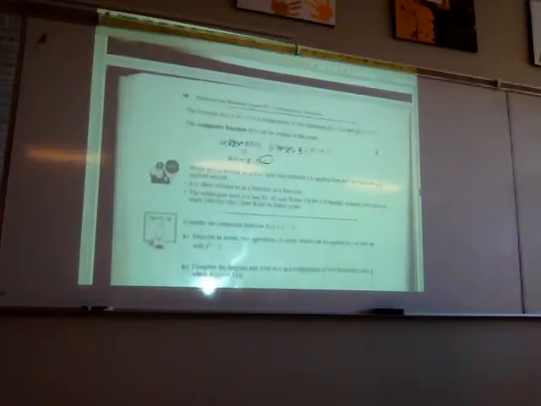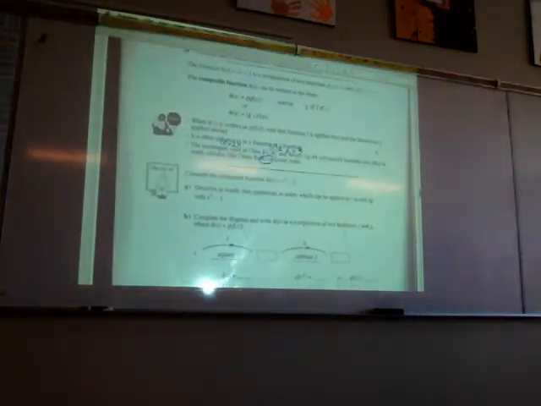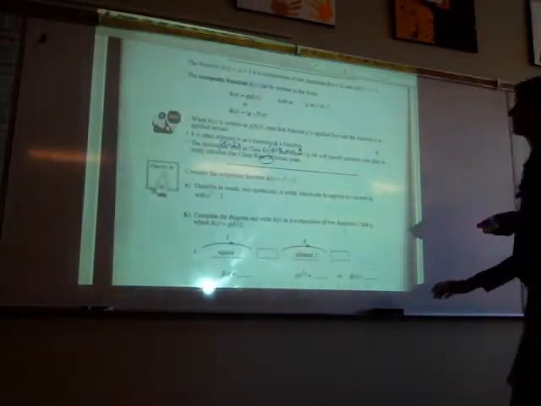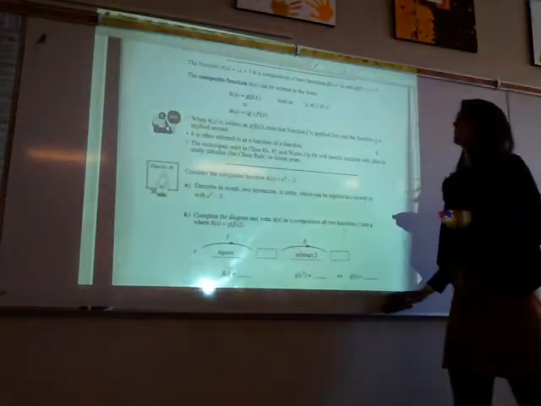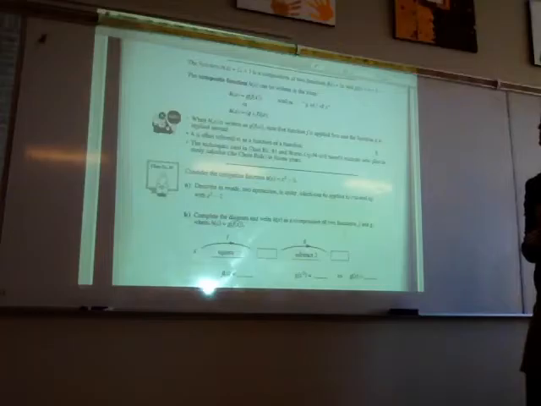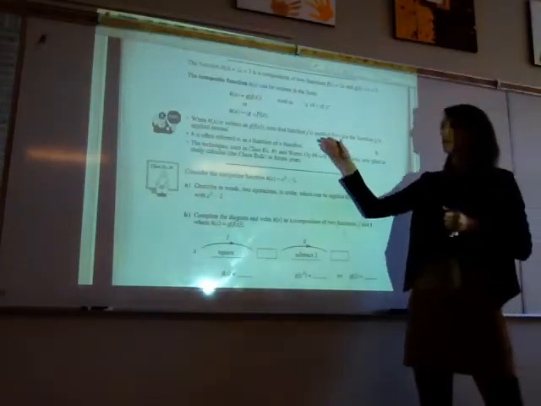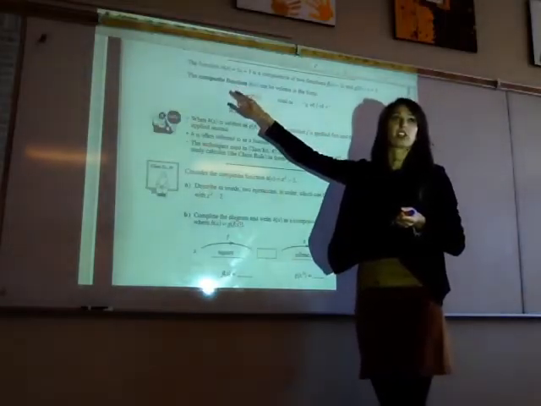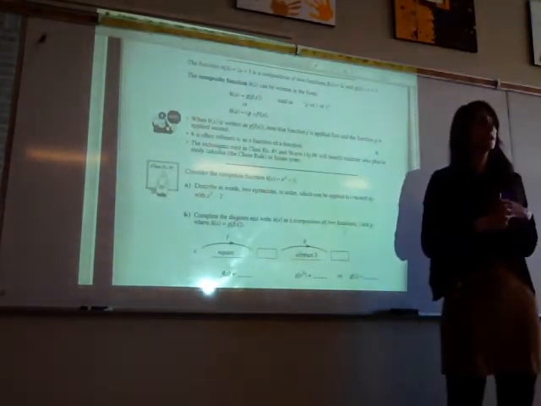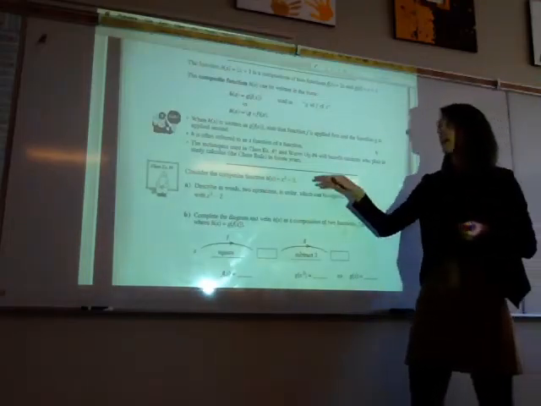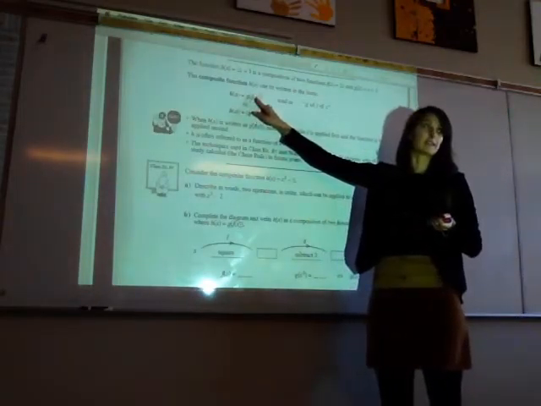We're just going to practice a little bit more. But first I'm going to introduce the notation of composition. Okay, so if we're looking at the new function h of x, and it's described as a composition of two other functions, f and g, we can write it as g of f of x.